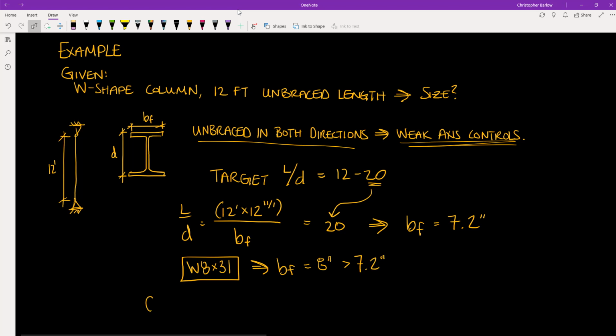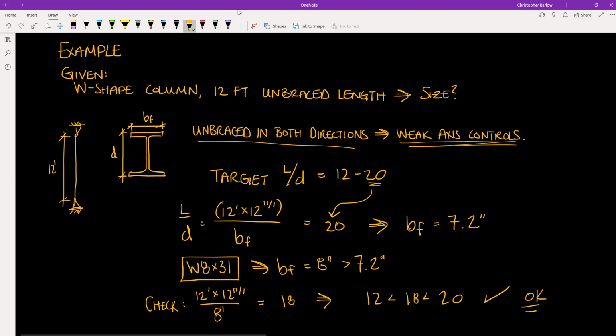And we can check the accuracy of our math by calculating the actual length over depth ratio. So length over depth, or in this case, flange width, that is equal to 18. And 18 is, in fact, in our acceptable range.